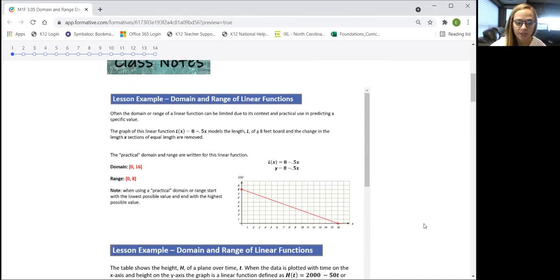So our class notes for today are similar to yesterday. We again are looking at domain and range. So remember, domain left to right, range lowest to the highest. This is our first function. This is the equation for it, 8 minus 0.5x. So the domain for this function, if I look at the graph, remember left to right, the furthest left point is over here.